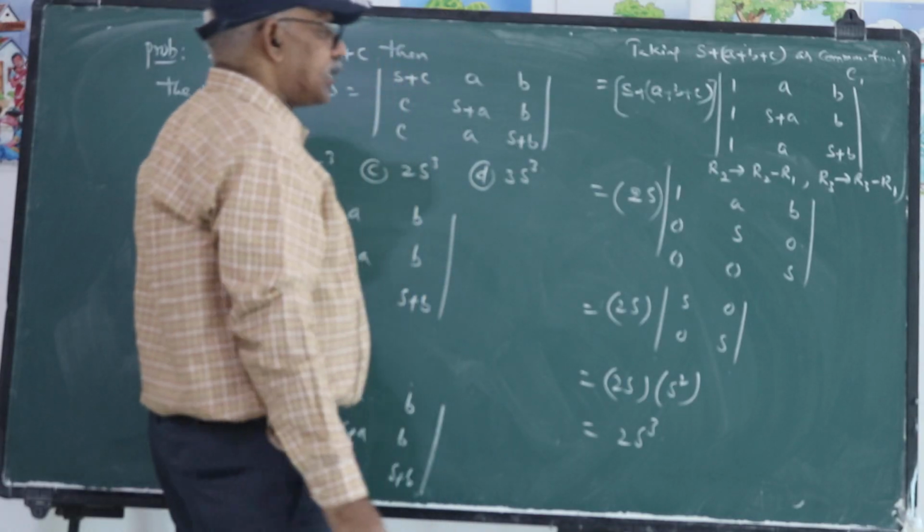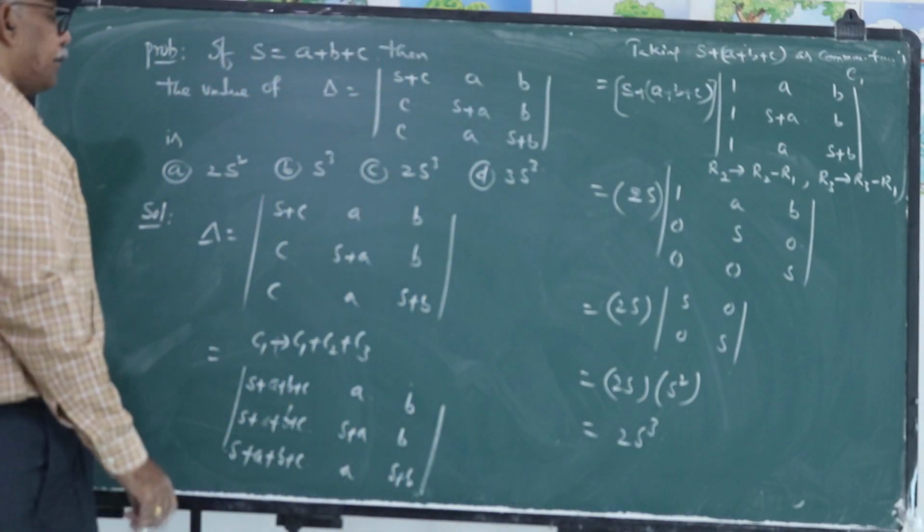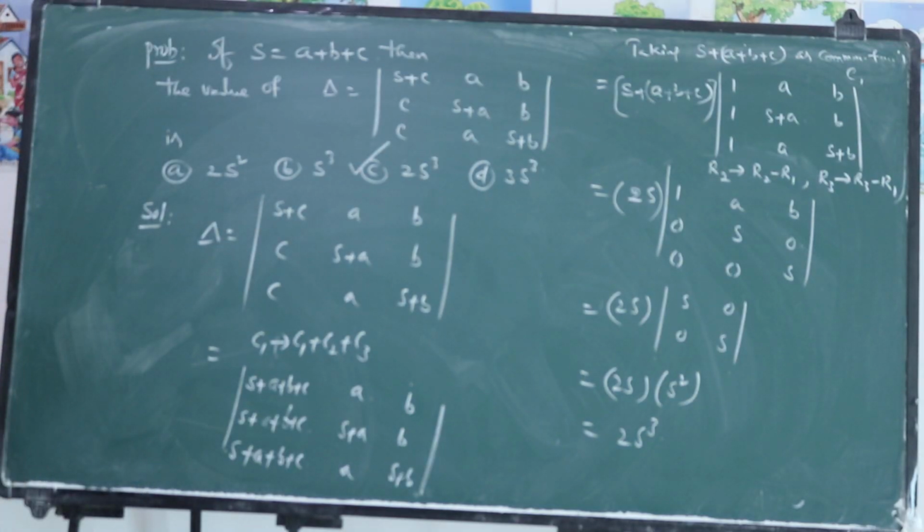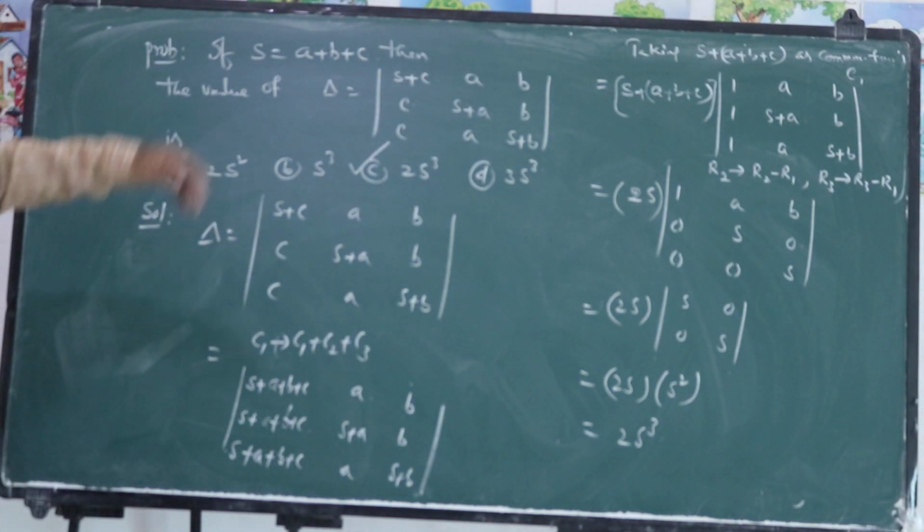Hence we get 2SC cube as our required value. So the right option is 2SC cube, C.